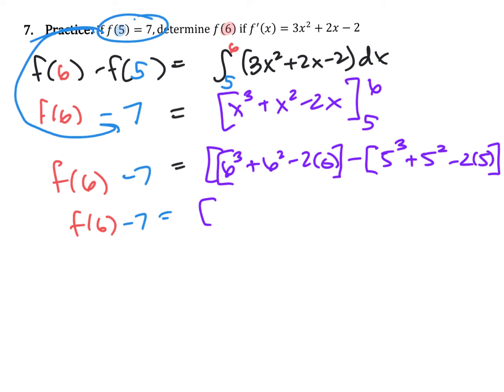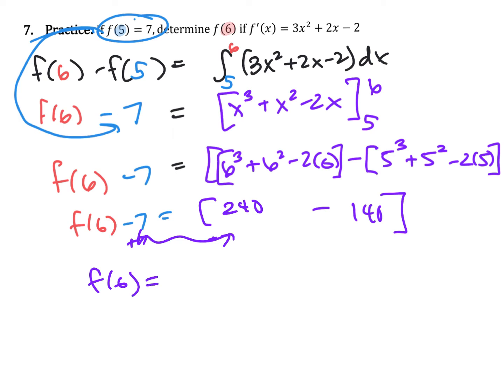That whole portion is just going to become 240, and I don't expect that you did it that quickly. This portion over here, 125 plus 25 minus 10 is going to become 140. So if I subtract those, I'm going to end up with 100, and then I'm going to add 7 to both sides. So f of 6 is going to equal 7 plus 100, or 107.